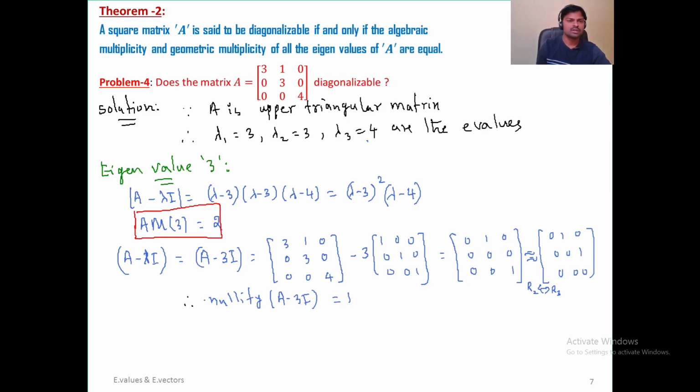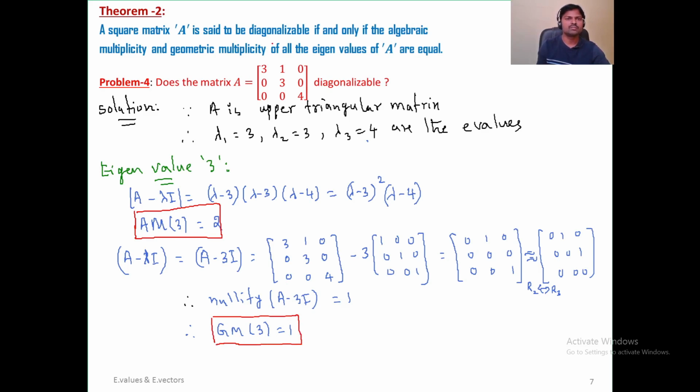So the nullity is 1. Look, the algebraic multiplicity of 3 is 2, but the geometric multiplicity of the eigenvalue 3 is 1. So both multiplicities are calculated.